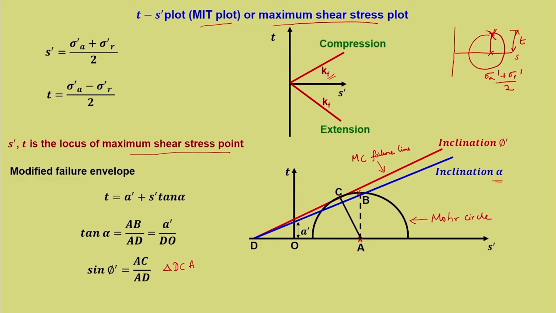So, that is what is written here. Now, we also know AB and AC are radii. So, AB is equal to AC, that means this expression and this expression are the same. Hence we can write tan alpha, which is the required inclination of the failure line of the T S dash plot, is equal to sin phi dash, and phi dash comes from the Mohr-Coulomb failure envelope.